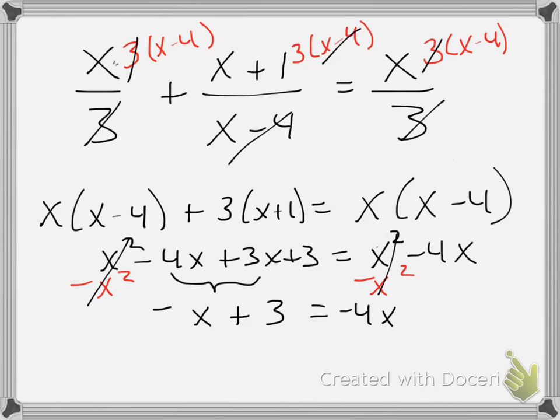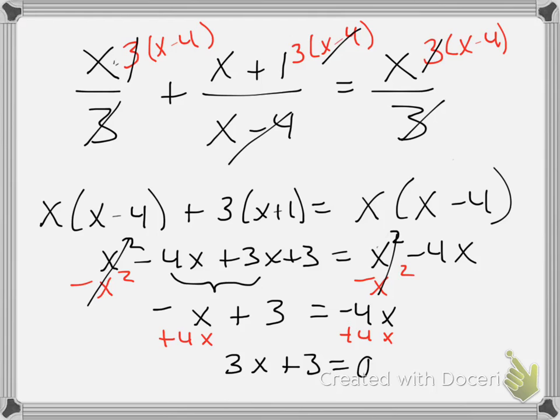I'll move my 4x over to get all my variables on the same side, so I'll add 4x. Now I have a positive 3x plus 3 equals 0.